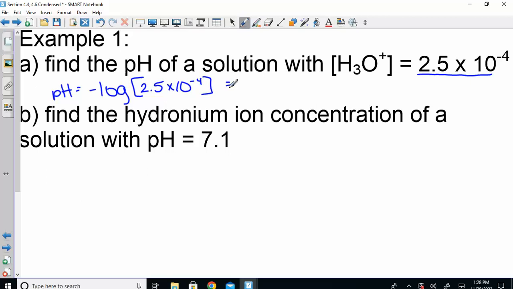We just have to plug that in. pH will normally round to just 1 decimal place. Everybody try plugging it in to make sure you get the correct answer. You should get a pH of 3.6. Got that?